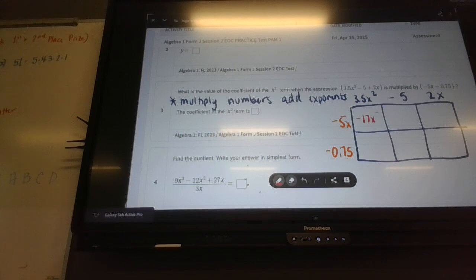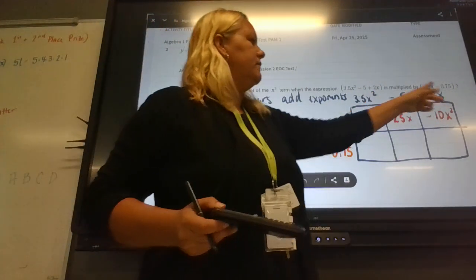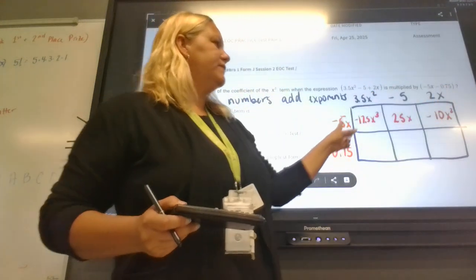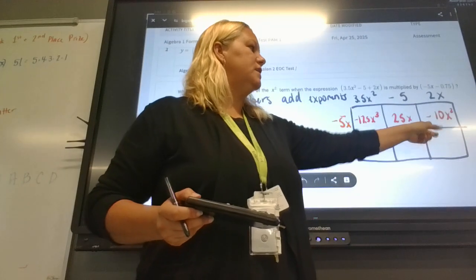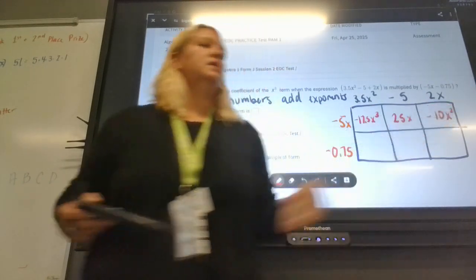Oh wait, that was it. Would there be invisible exponents? Yeah, there's an invisible one here and an invisible one here. So negative 5 times 2 is negative 10. X times x is x squared.